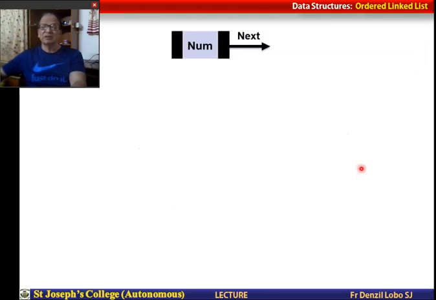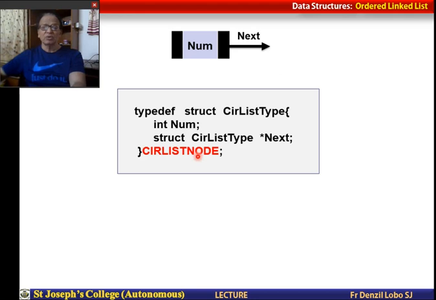Circular linked list. So now coming back, the representation of the node of a circular linked list is like any other list node. Here you have got a number and a pointer to the next. So we declare a new data type called circular list node, which contains a number as the data item and a link to the next, a pointer to the next node of the circular list type.